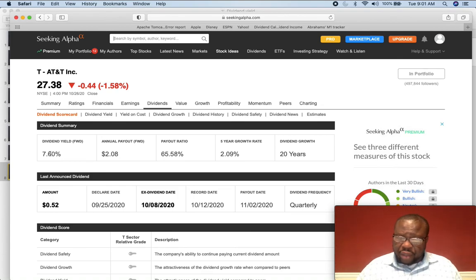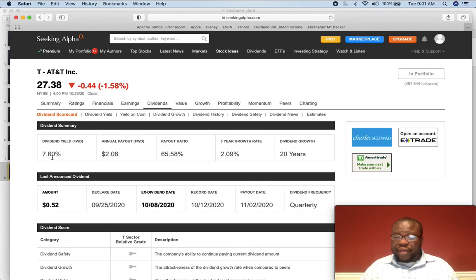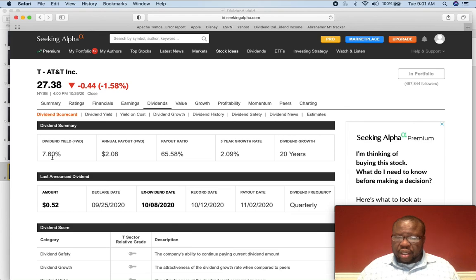For every $100 you invest in Johnson & Johnson, you're going to make about $2.81, because that's the dividend yield. So you make about $2.80. For every $100 you invest in AT&T, you're going to make $7.60. So that's how you can compare apples to apples.